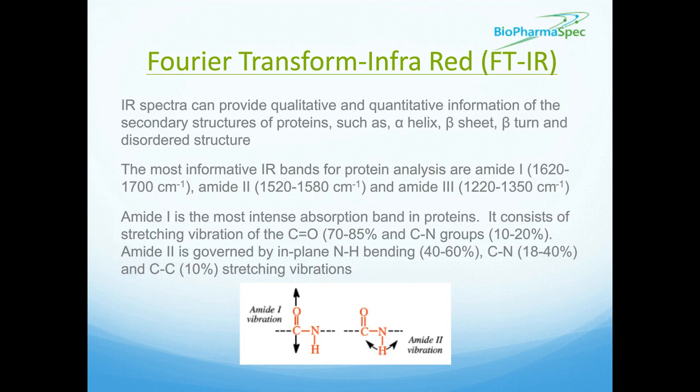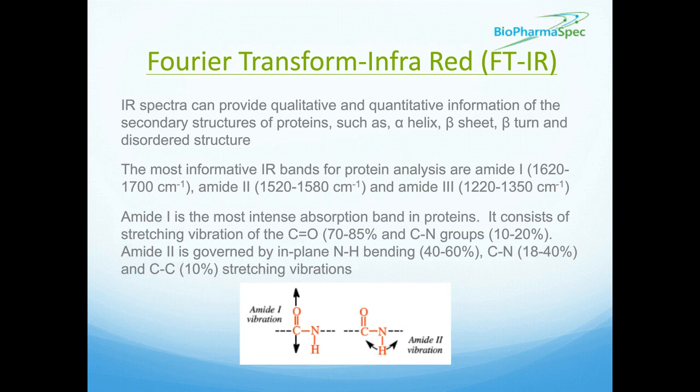Now, moving on, what we were talking about with regard to other techniques as appropriate, and that's FTIR, Fourier transform infrared. We're now moving to the other end of the light spectrum, if you remember the slide from CD. Infrared is, as I said, at the other end of the spectrum.